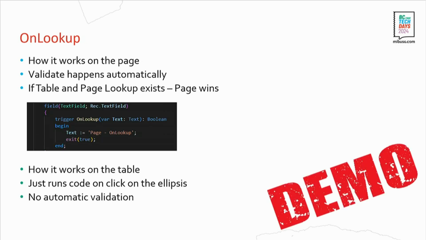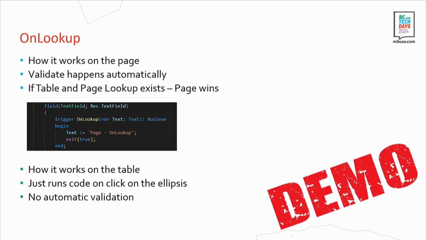Now, we found something interesting while playing around with this, and that's actually the onLookup trigger on the pages, because that really is related to the validation on the page itself. It's pretty interesting because the validation happens automatically, and you can write the lookup trigger on pages in a way where it behaves as if the user had entered the data directly into the field.